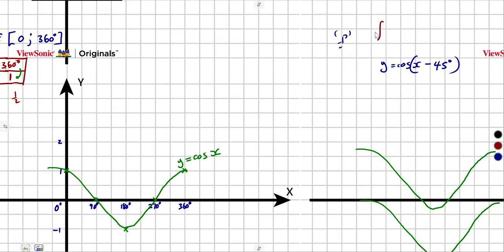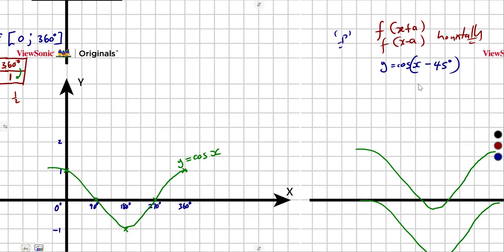So remember what I said before, if it is f of x plus a, in this case, we're talking about P, which is what? The angle that is being added. Or we can have f of x minus a. Plus, we are going to the left, minus to the right, horizontally. It's a horizontal shift.